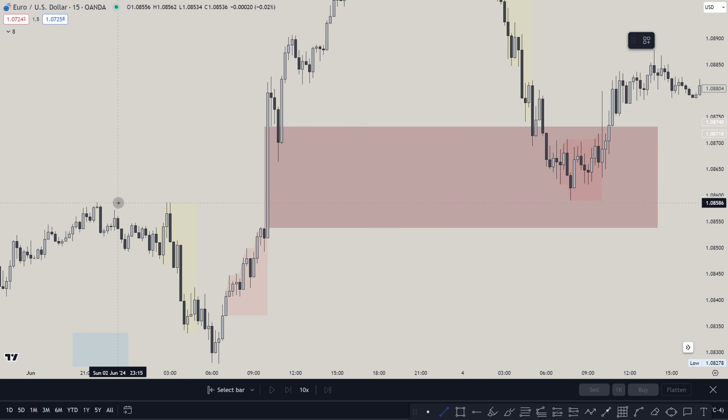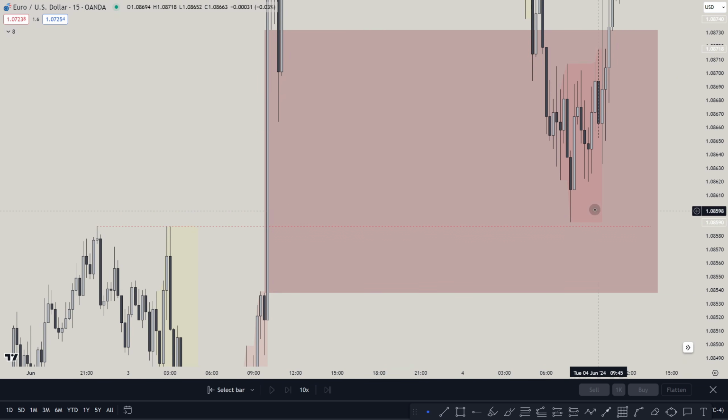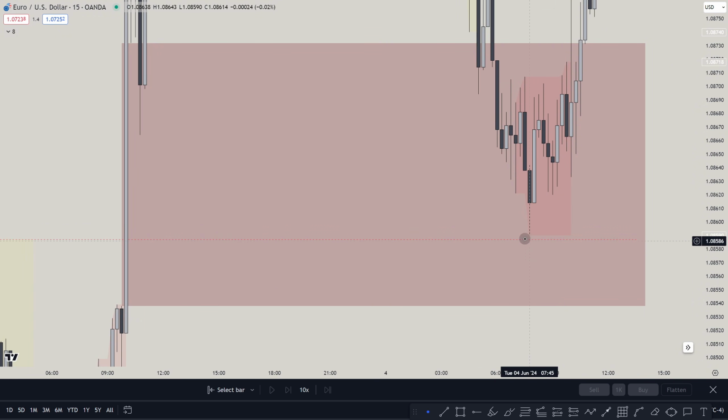And where do we have the overlapping? We get those equal highs here, which got broken with a fair value gap, and that's where price almost got there. So you could have entered if you got a valid market structure shift on that time frame. For me, I'm not going to enter until price touches this level.